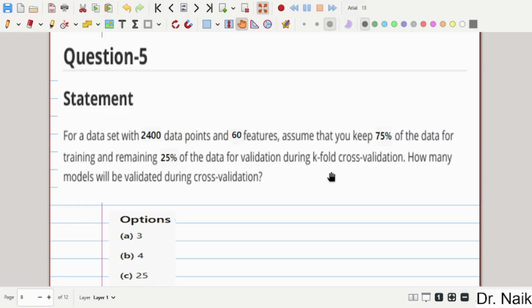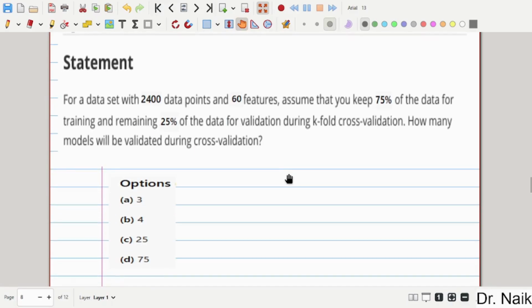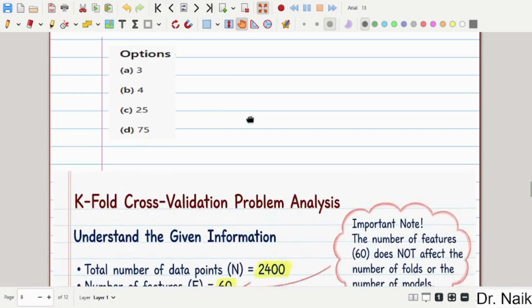The question is, how many models will be validated during the cross validation? Options given are A 3, B 4, C 25 and D 75.